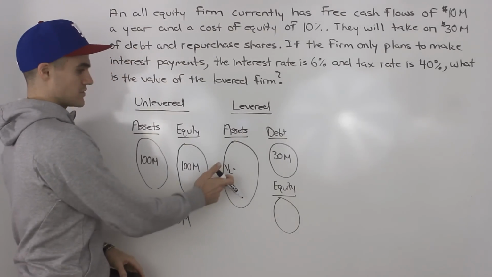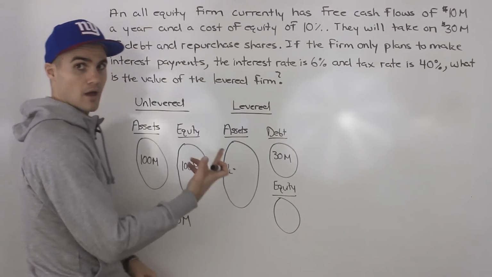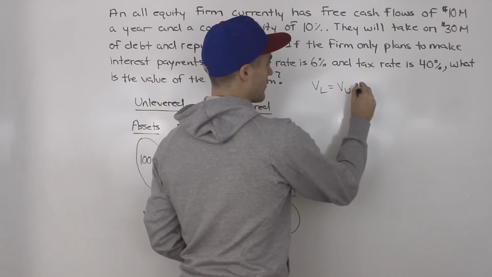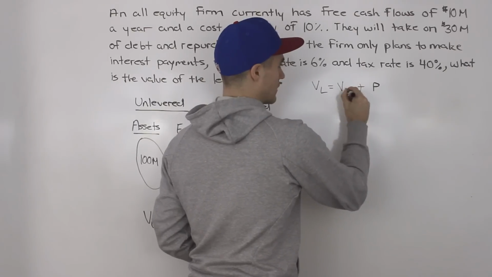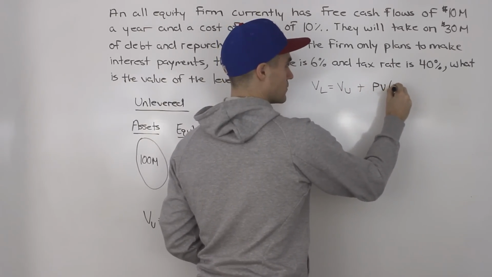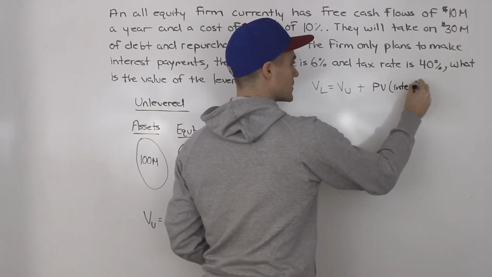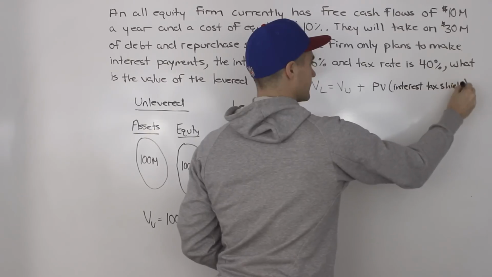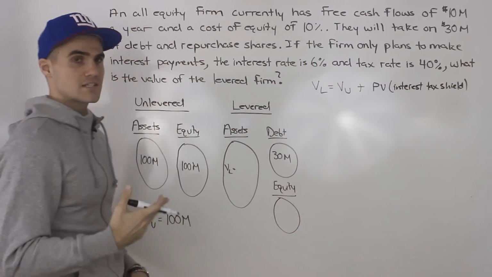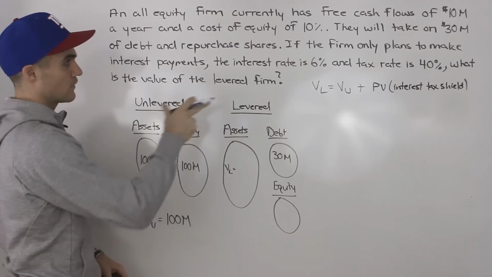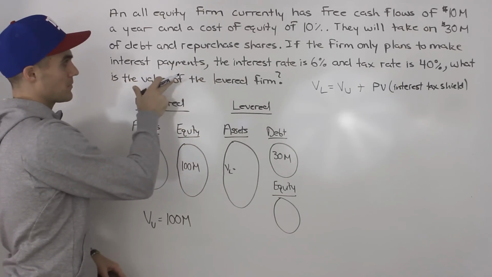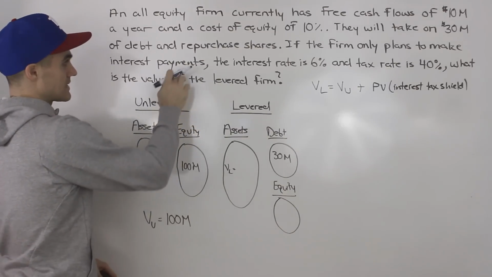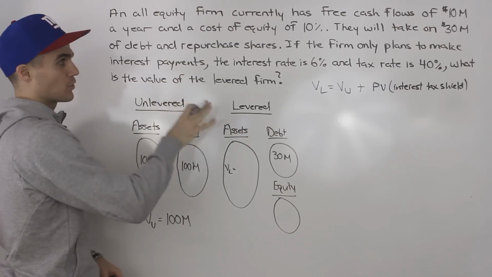So what we have to do is calculate the value of this levered firm with M&M proposition 1. So it's the value of an unlevered firm plus the present value of the interest tax shield. Now notice in this question they say that the firm only plans to make interest payments, and whenever you see that, what that means is that the firm is going to have permanent debt.